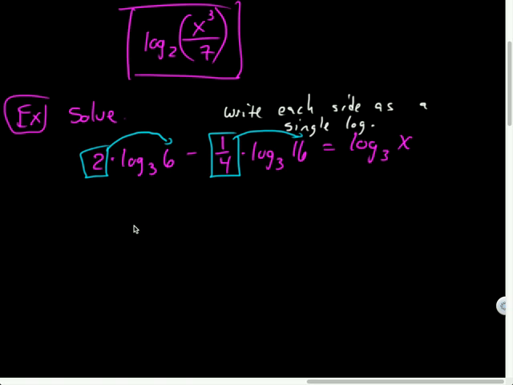So this is the same as log base 3 of 6 squared minus log base 3 of 16 to the 1/4. If you were really clever, it wouldn't matter actually. You could have pulled the minus sign out with this quarter and changed this to a plus sign, but that doesn't really matter.